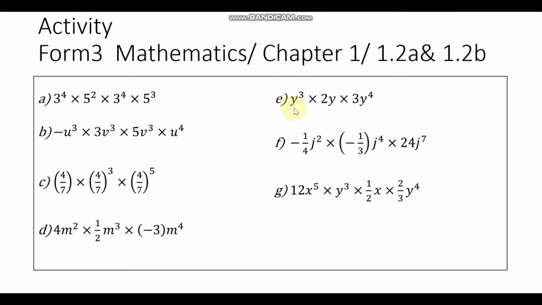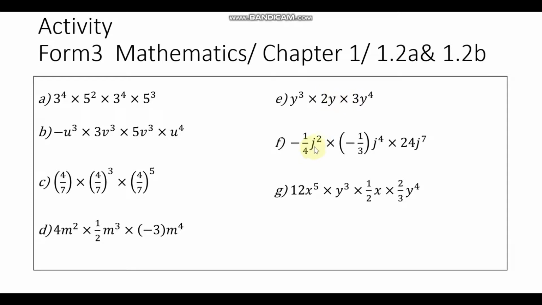And next question, we only have one base, which is y, and in front here it doesn't have any number, so we have to put 1. And this one doesn't have the value of index, so we have to put it as 1 as well.